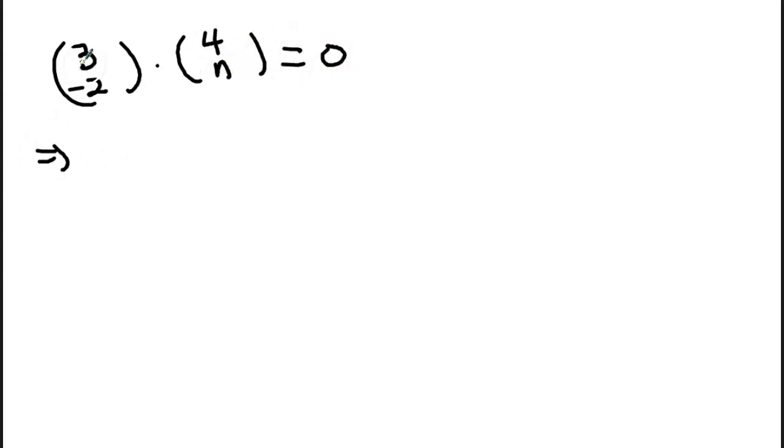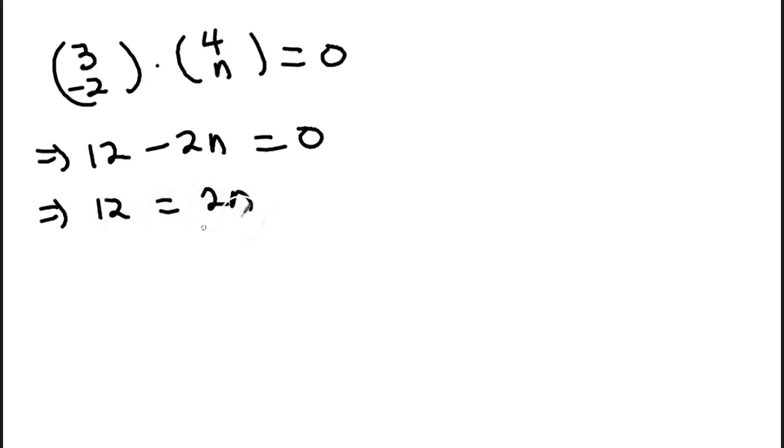For the dot product, you multiply the x components: 3 times 4 is 12, minus 2 times n, we have minus 2n, is equal to 0. We want to find n, so let's send this one to the other side. So 12 is equal to 2n. We divide both sides by 2, 2 goes into 12, 6 times. Therefore, our n is equal to 6.